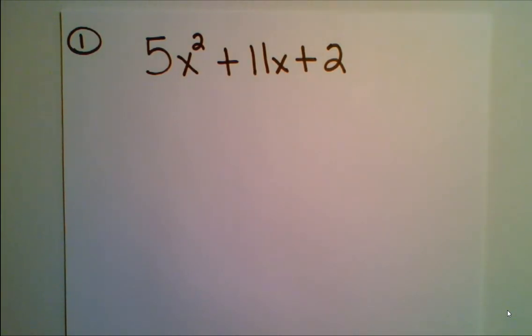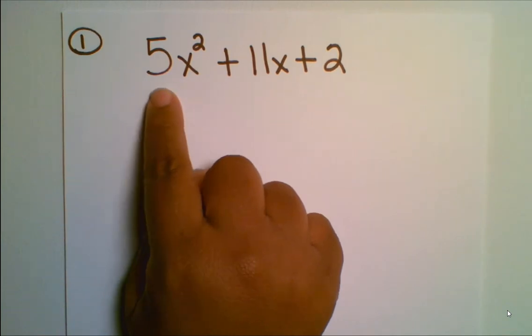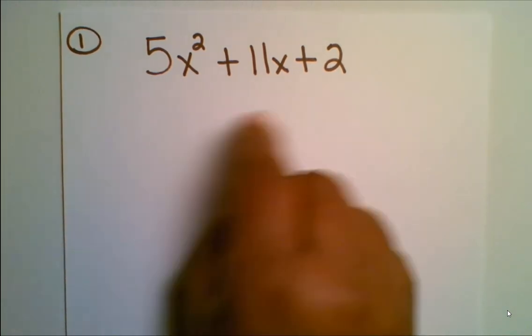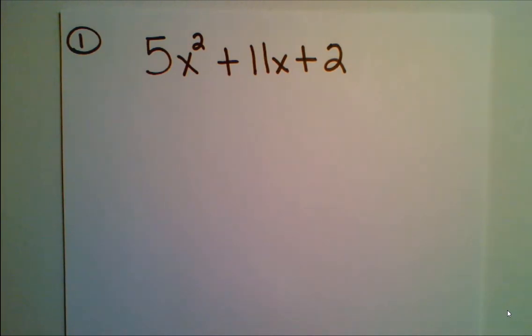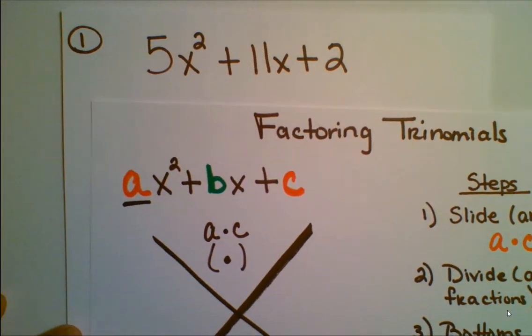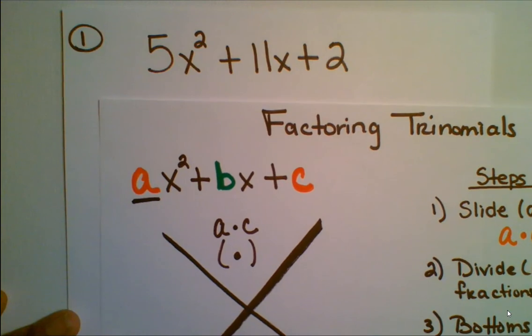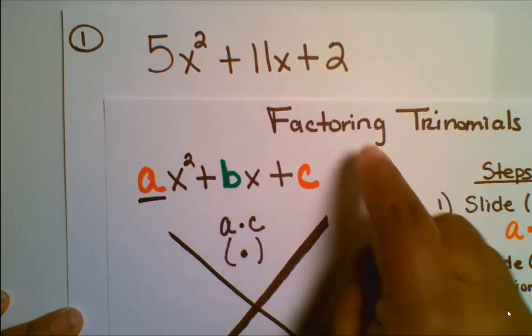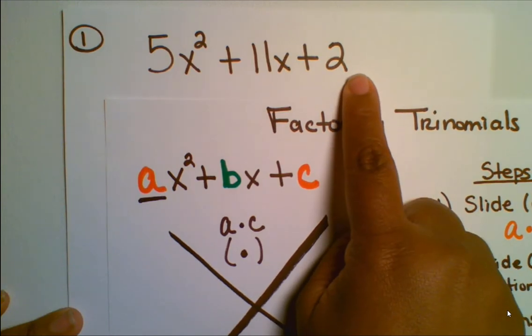To show you how to do this, and I'm pretty sure it's in your textbook, how I'm going to show you to factor this trinomial is called the AC method, because this is set up as ax squared plus bx plus c, going back to the previous video, where a would be our 5, b would be our 11, c would be our 2.